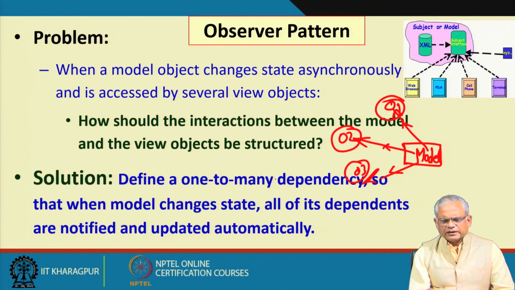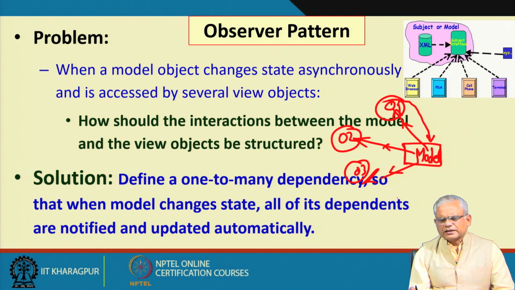For that, as we will see in the details of the solution offered by the observer pattern, the observers need to first report to the model that they are interested, and then the model stores the ID of the observers, and when they leave they just communicate to the model about leaving the observation.